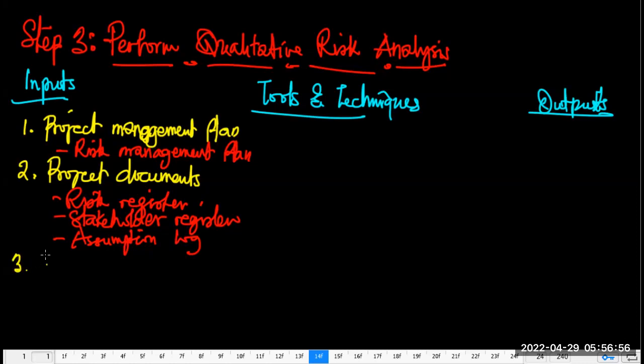And three, you need, remember, the enterprise environmental factors and the organizational process assets. You need them. So basically, they're just four, right?